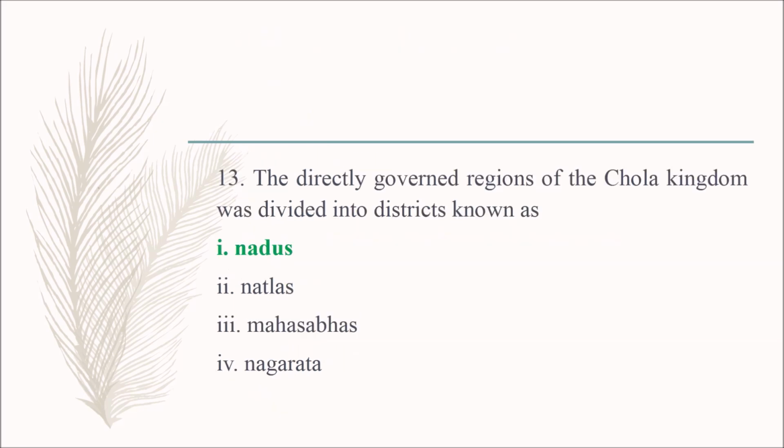The directly governed regions of the Chola kingdom were divided into districts known as option 1 Nadus, option 2 Natlas, option 3 Mahasabhas, option 4 Nagarata. So the correct answer is option 1 Nadus.